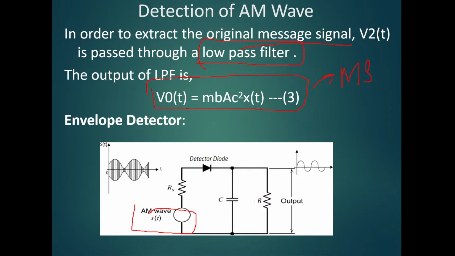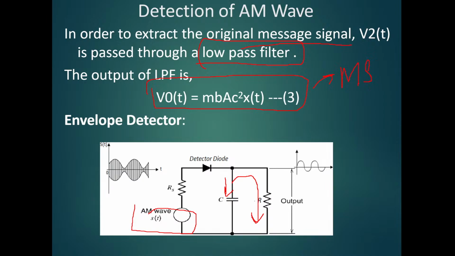In every positive half cycle, the diode will be forward biased and it will charge the capacitor. When the capacitor charges to the peak of the input, the diode will stop conducting, and then the capacitor will discharge through R.